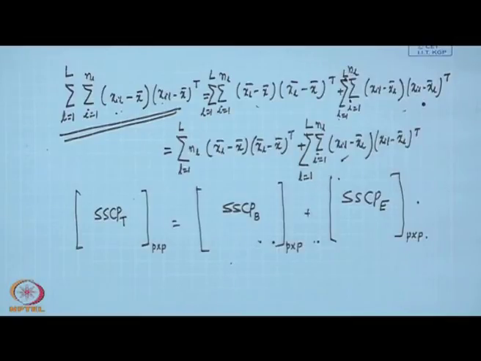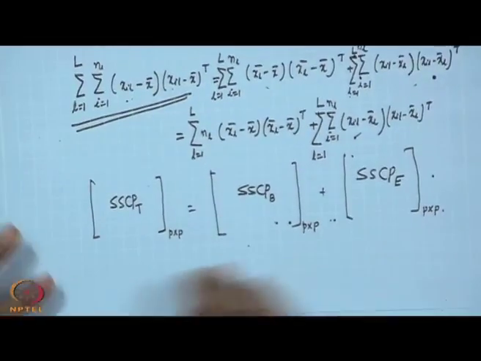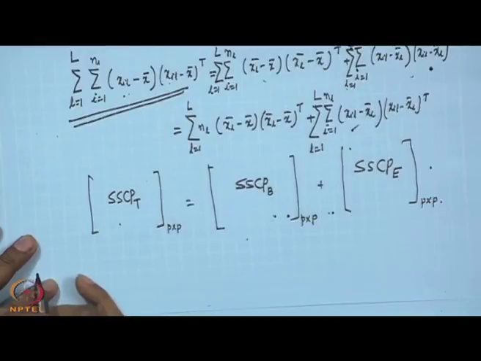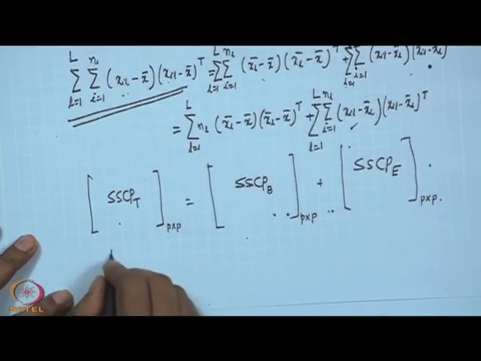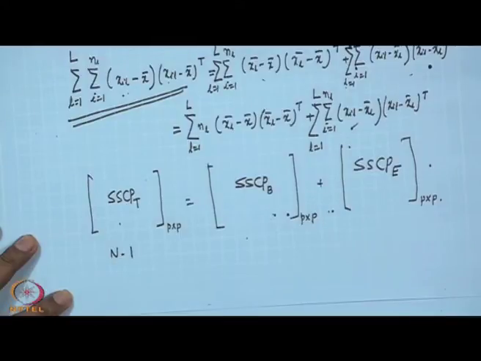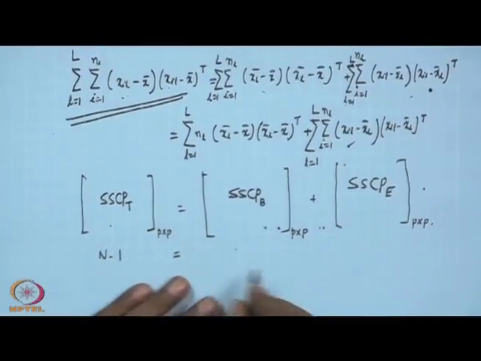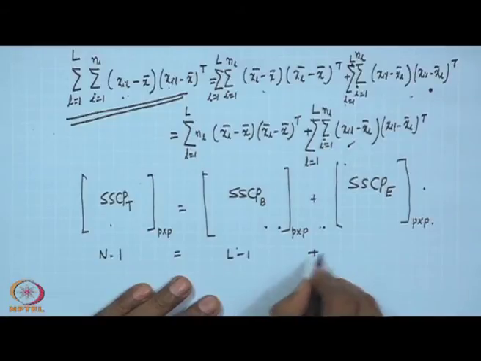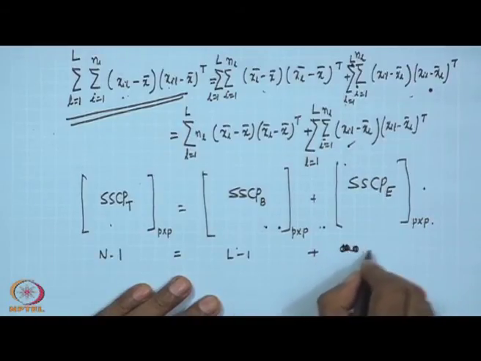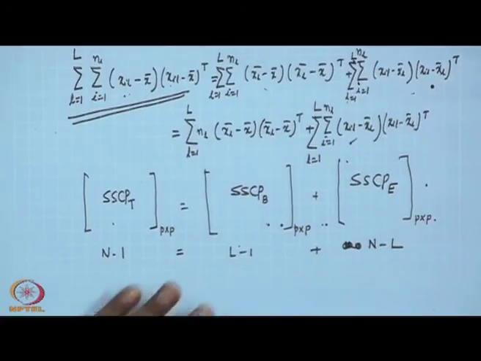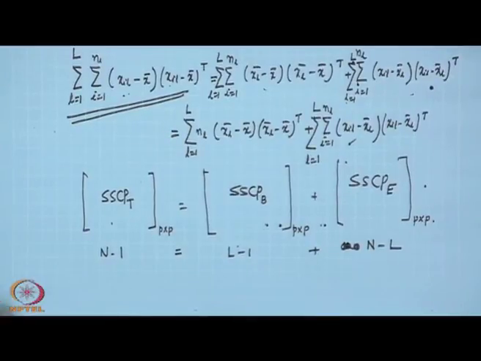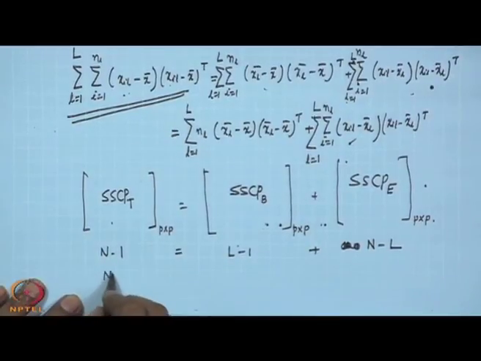Okay. Then what will be the degrees of freedom for this one? It is n minus 1 equal to L minus 1 plus the difference n minus L. Same thing that you have done in ANOVA. So, n equal to what?